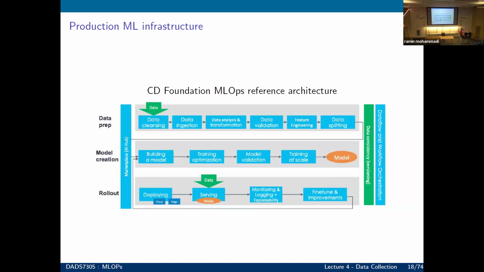But here in the CD Foundation, they define the data pipeline to be data cleansing, ingestion, analytics, validation, engineering, splitting, and so on. Then it goes to the modeling, you go through the steps, and then you go to rollout. On the right bar, you have data consistency, data versioning. That's where you version it using something maybe like DVC. And this is the data flow and workflow orchestration.